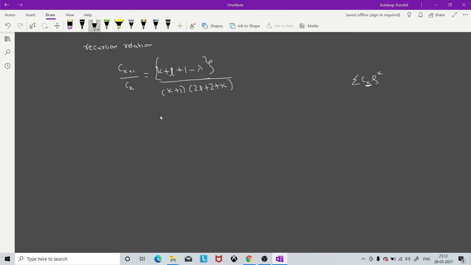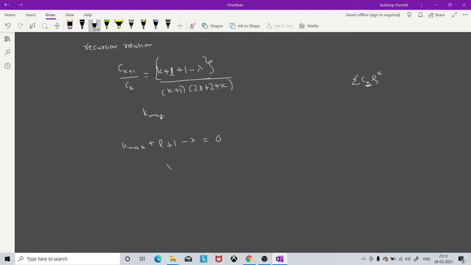Okay, so I will say that at some particular value of k the numerator should go to 0. So that value I call k max. So k max plus L plus 1 minus lambda will be equal to 0 when k is equal to k max.